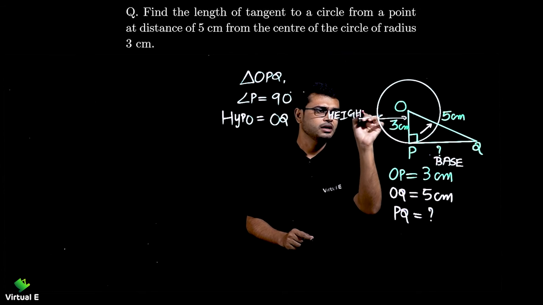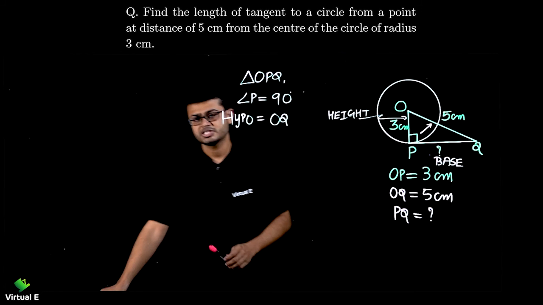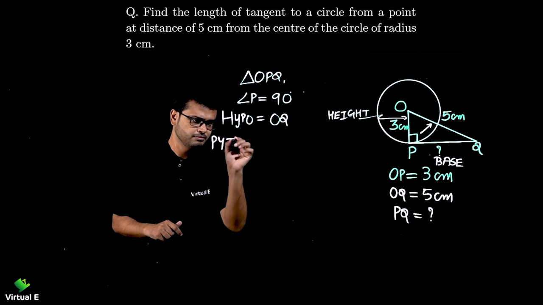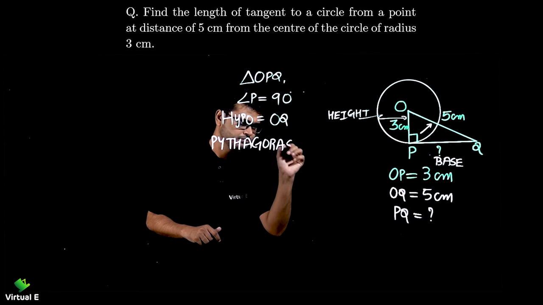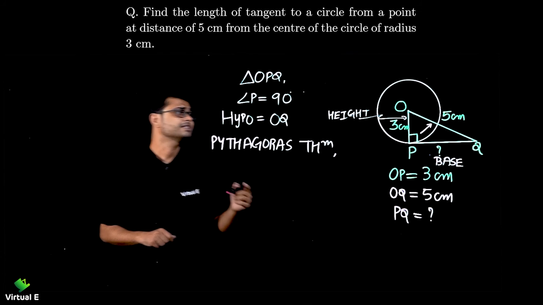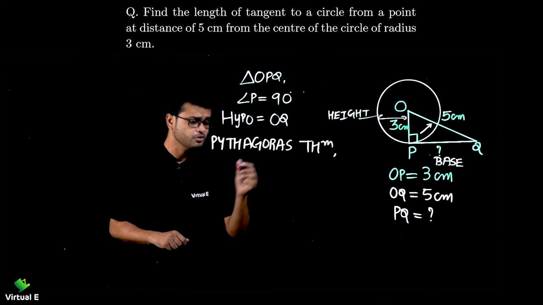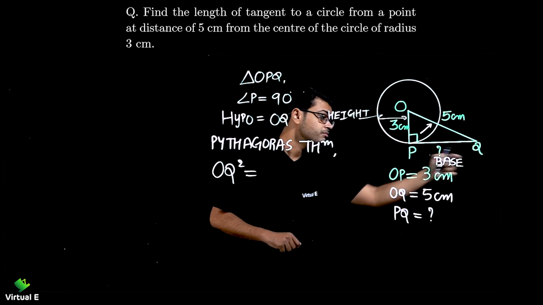This is the height. Now we are going to use Pythagoras theorem. Let's write the sentence for it. We are going to start from the hypotenuse, which is OQ. So OQ square is equal to base square.